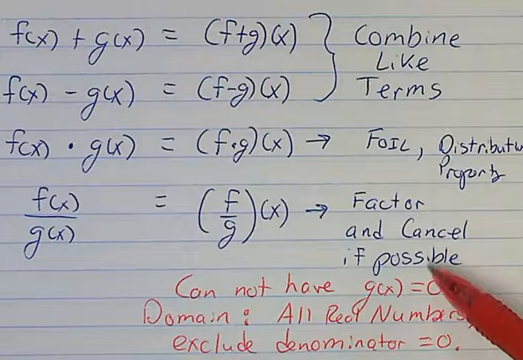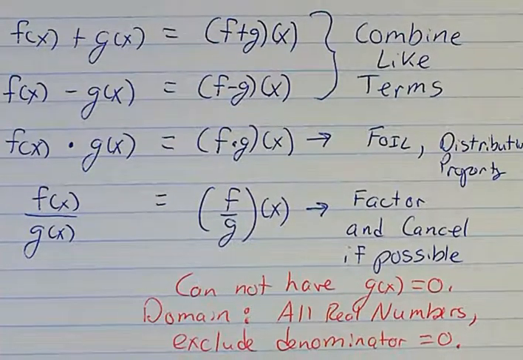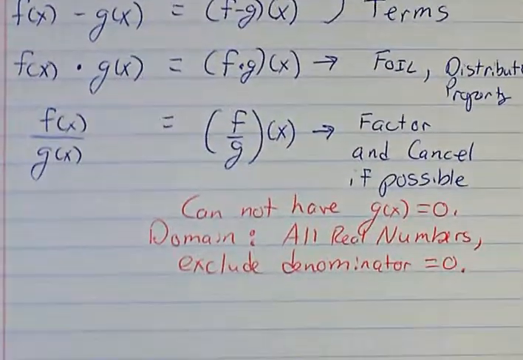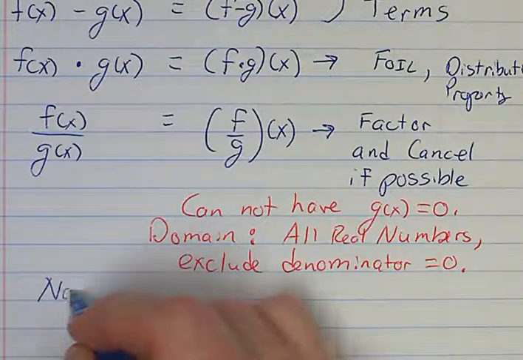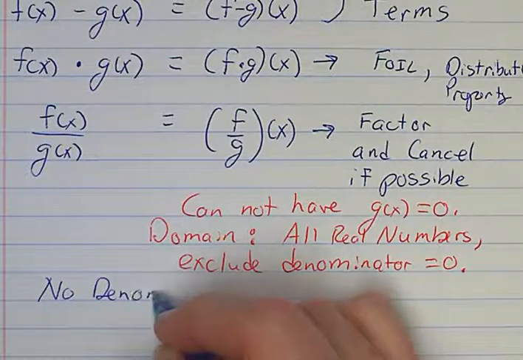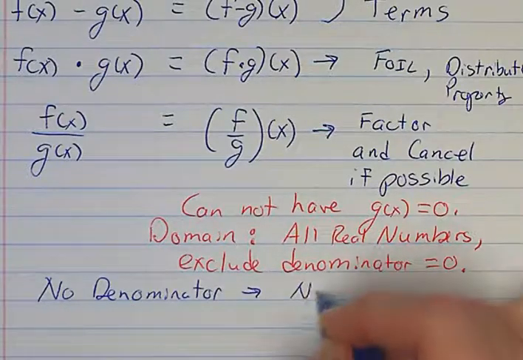So that's kind of one restriction that you have for this part of it. Like the problems we've done in the past, you've got to make sure that your denominator doesn't equal 0, because that's going to cause you some problems when you go through these. And if there is nothing in the denominator, if it's all whole numbers, if there is no denominator, then you have no exclusions.